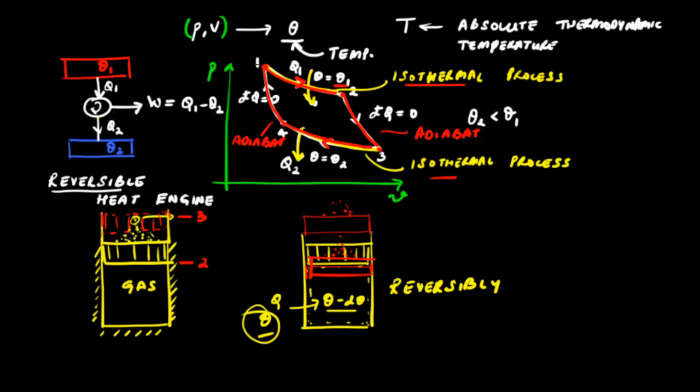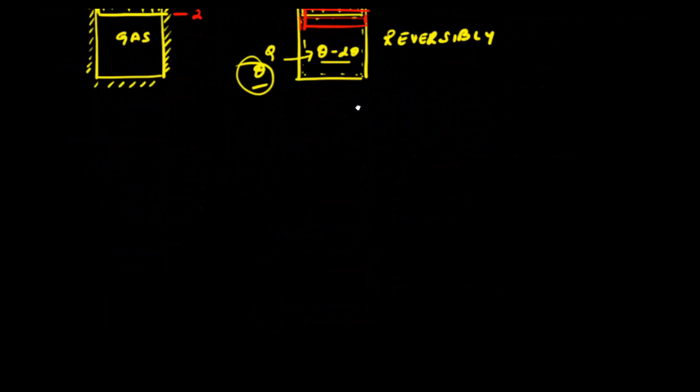So what we are discussing is just a theoretical heat engine, but this is not the only way you can have a Carnot engine. In theory you can also have a power plant, similar to the steam power plant, that operates in a Carnot cycle.